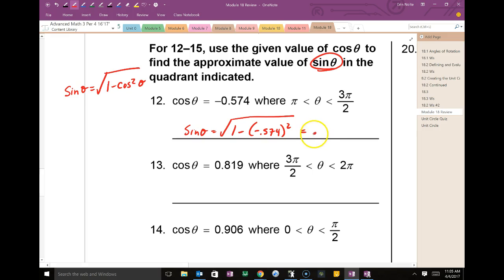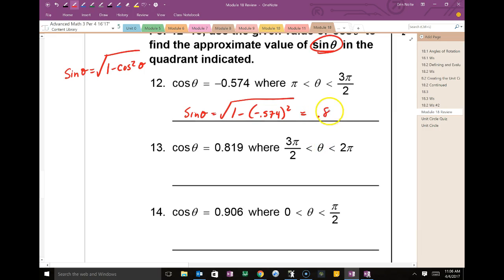0.574. Anybody else get that number? Make sure you put the 1. What'd you guys get?